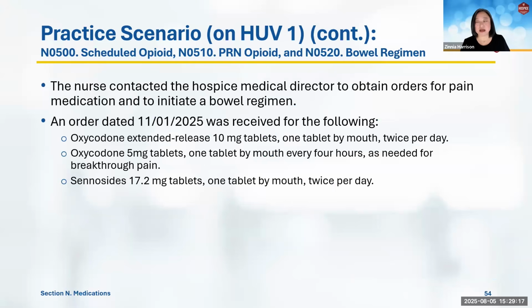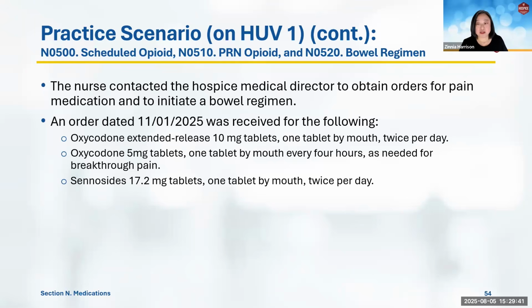The nurse contacted the hospice medical director to obtain orders for pain medication and to initiate bowel regimen. An order dated November 1st, 2025 was received for the following: a long and short acting oxycodone. One is scheduled and the other is PRN, and Senna tablets twice per day.